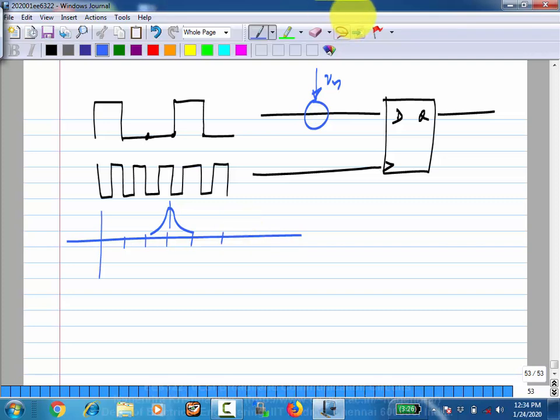So now what happens due to this: the rising edge should be sampling here, okay? And then unfortunately the location of that edge can move in either direction, okay? So what can happen because of this?